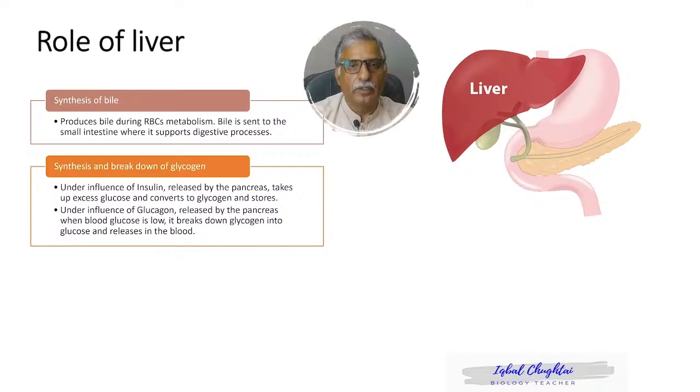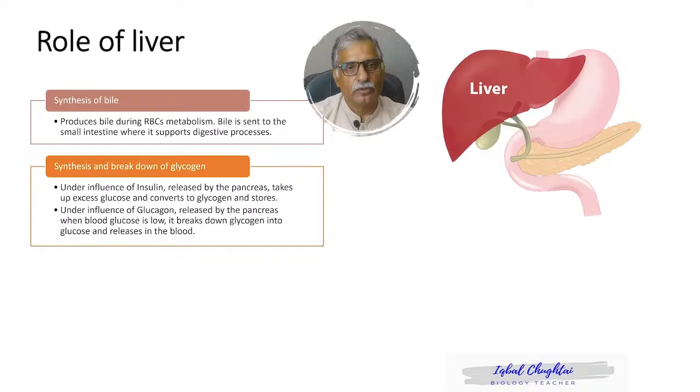So the liver takes up the excess glucose in response to the hormone insulin and converts it into glycogen and stores it, so that blood glucose concentration is kept in the normal, optimum range.